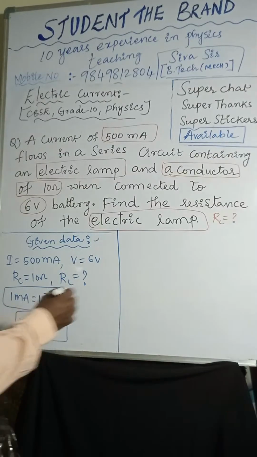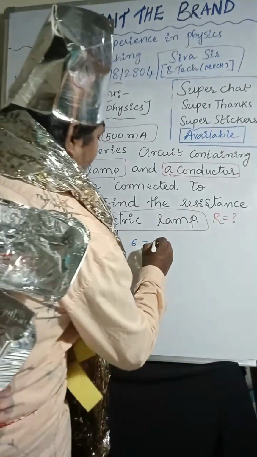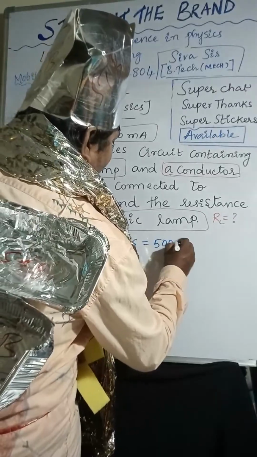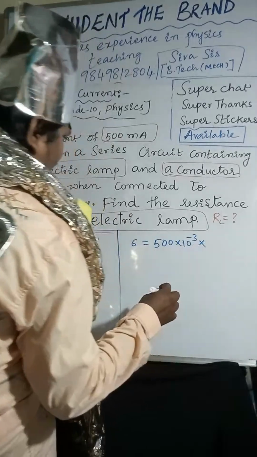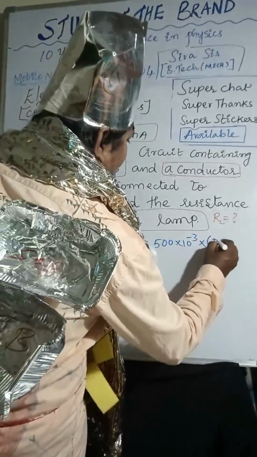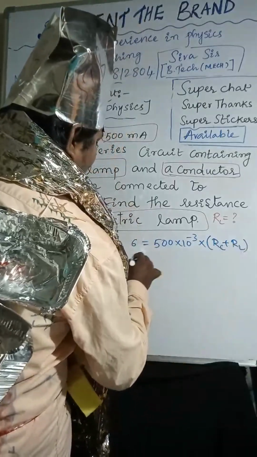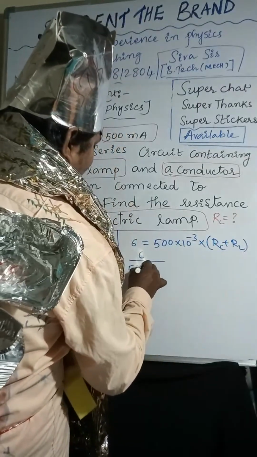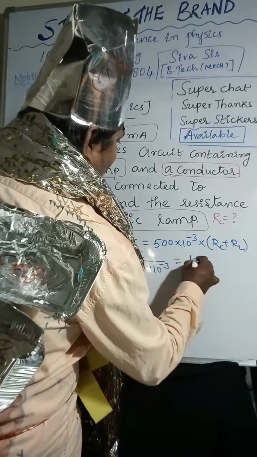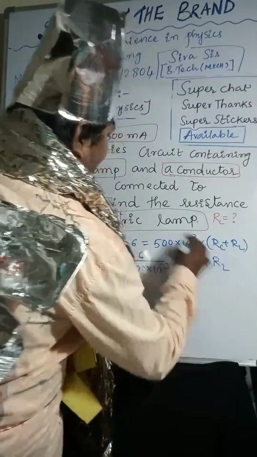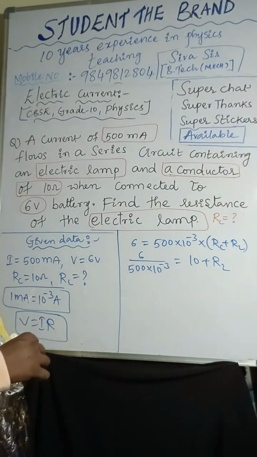So 6 volts equal to 500 into 10 power minus 3 into, okay, R we are taking as RC plus RL. So now 6 by 500 into 10 power minus 3 equal to 10 plus RL. Resistance of the lamp you have to find out, right?